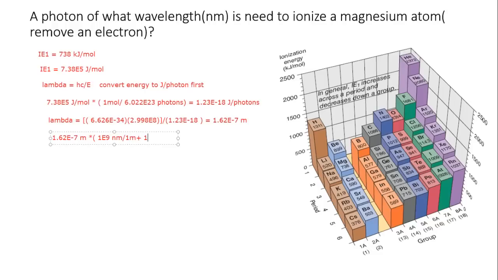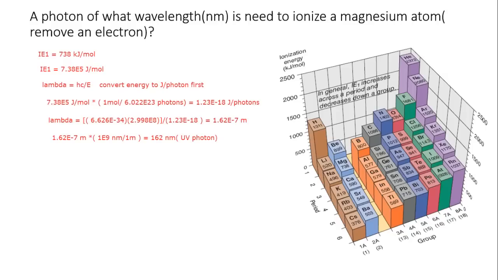This will be 162 nanometers. And this would be a UV photon. So that's how you solve for the wavelength of a photon needed to ionize a magnesium atom.